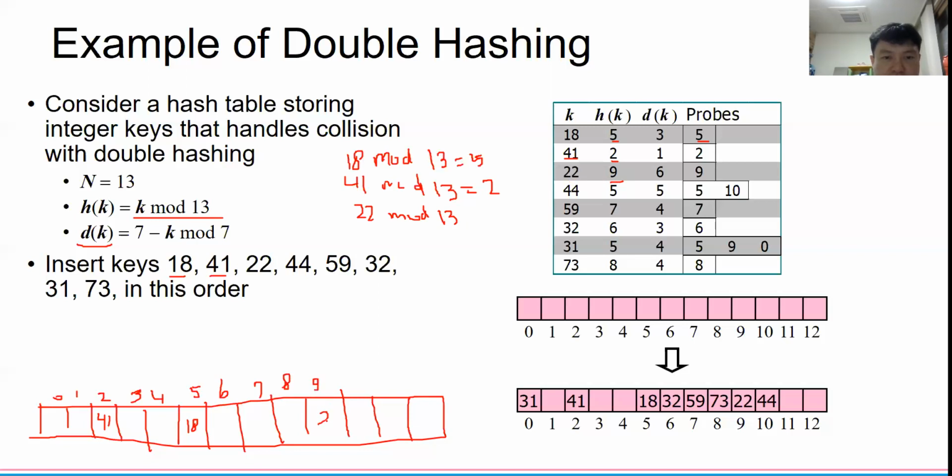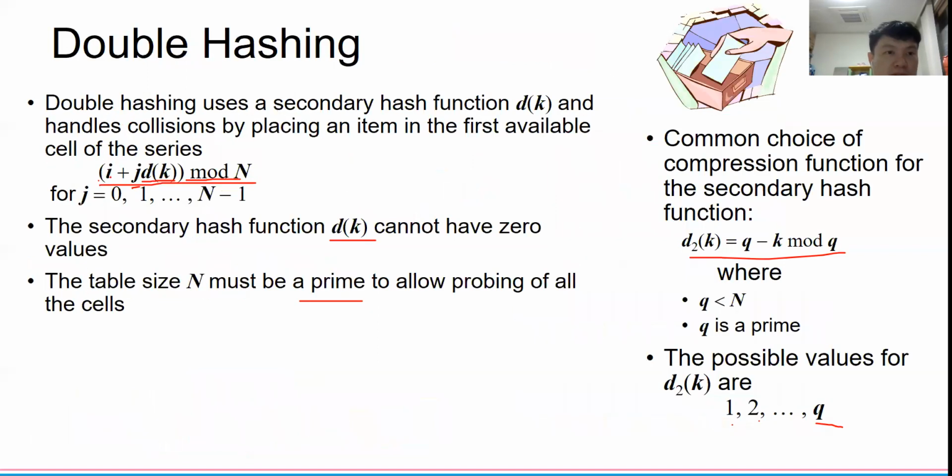What about the next one, 44? 44 mod 13 is 5. You can check index 5: you already have a value. Now we will go to the next, dk. Now j is not 0, but j becomes 1. The value is i equals 5 plus j, now 1, multiplied by dk.